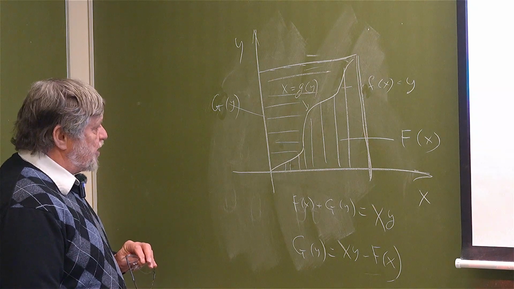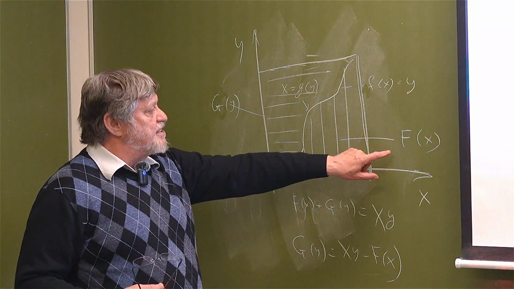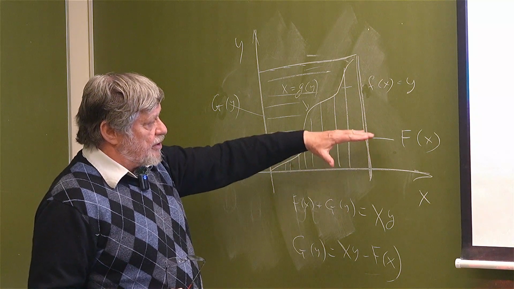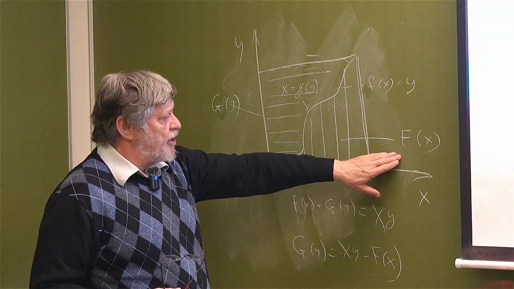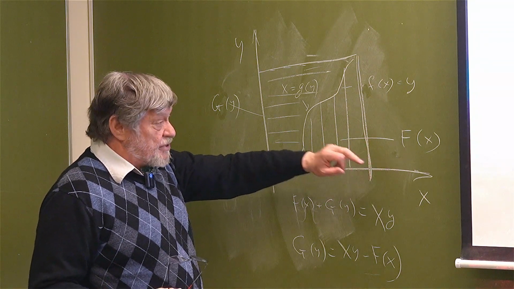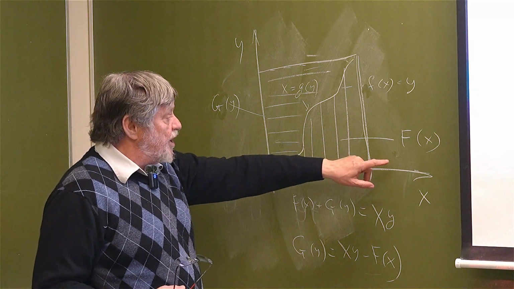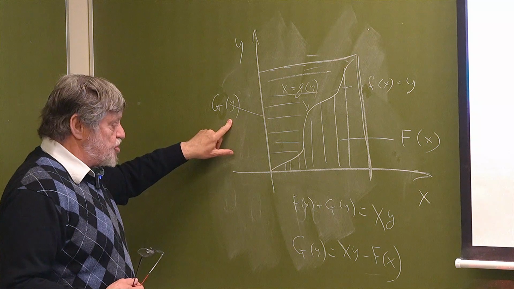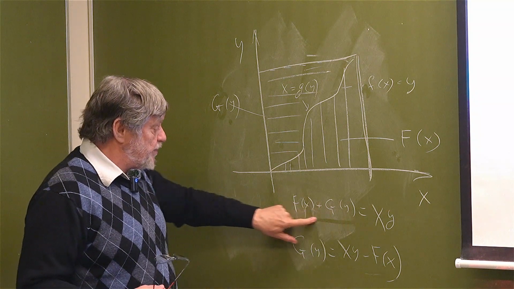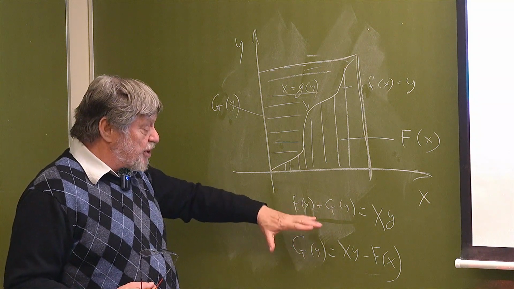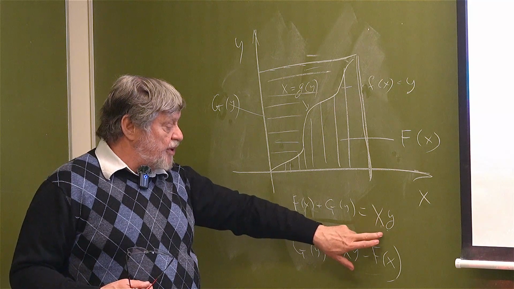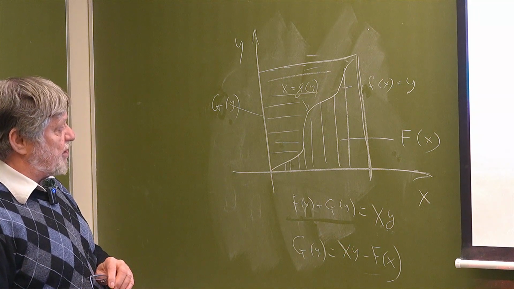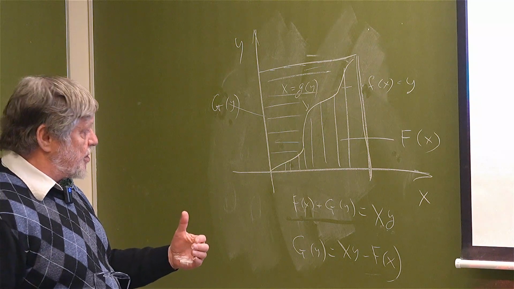What is important here? F being an antiderivative is defined up to a constant. We could add a constant to F without changing anything. But then, as we have seen before, if we add a constant to F, we subtract the same constant from G. So the sum of them is defined completely and is equal to this product xy, which could be treated as the work of external forces.